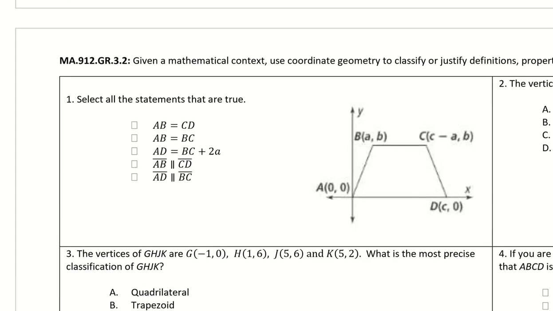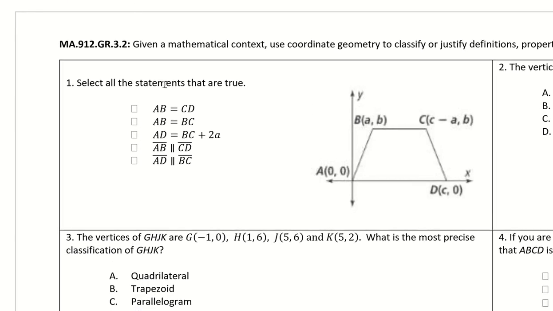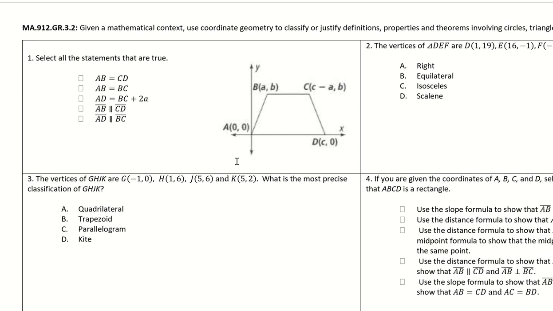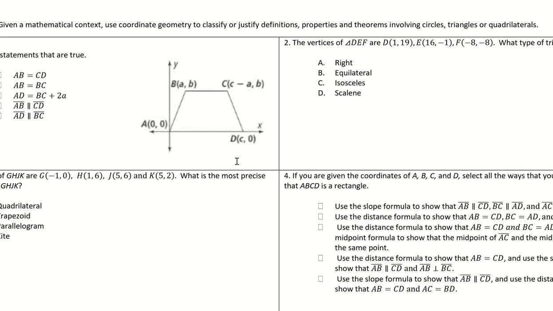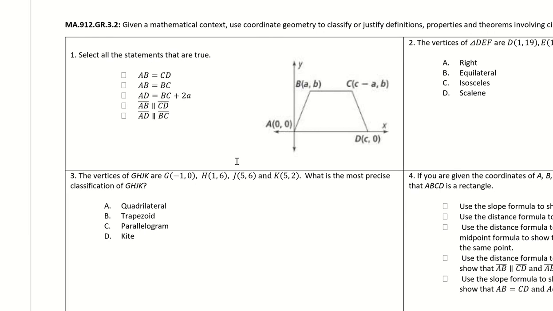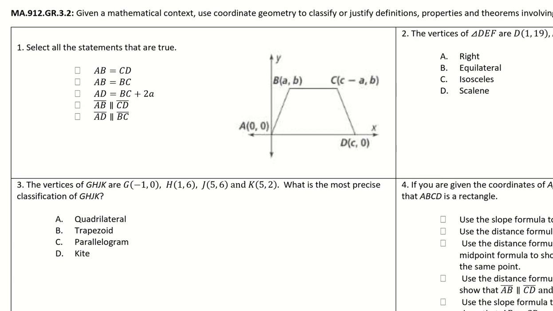All right, so that takes care of page 20, guys. So we're moving on to page 21. Given a mathematical context, use coordinate geometry to classify or justify definitions, properties for circles, triangles, or quadrilaterals. All right, so number 3, select all the statements that are true.